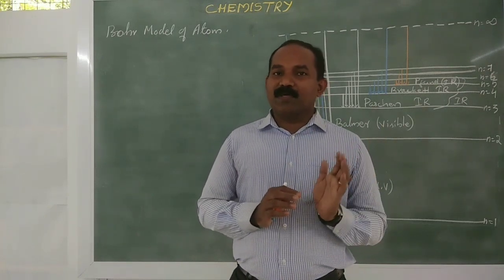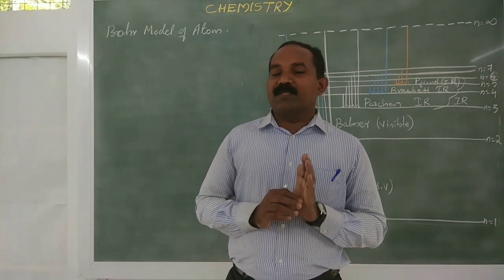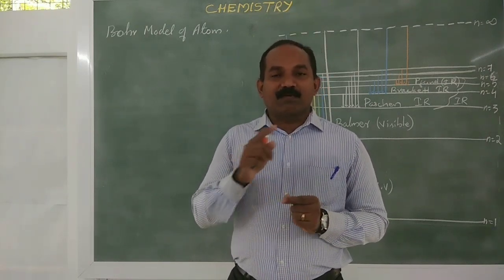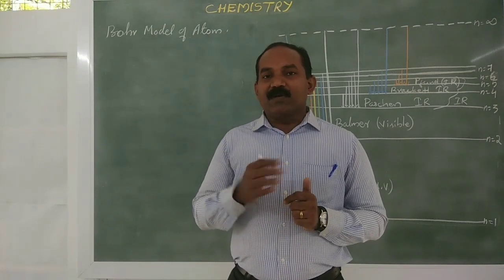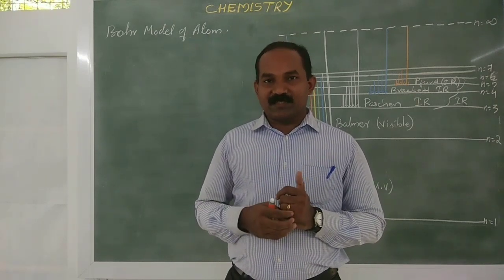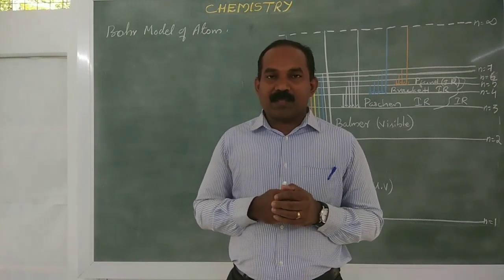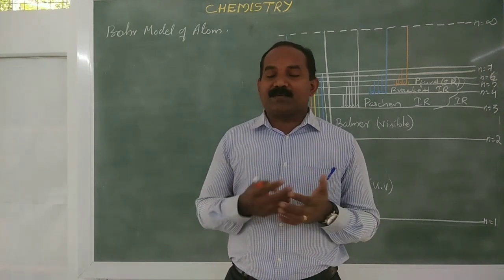In the case of Rutherford, he couldn't explain the stability of the atom because if the electron revolves around the nucleus, it continuously radiates its energy and finally collapses into the nucleus. That we cannot accept.